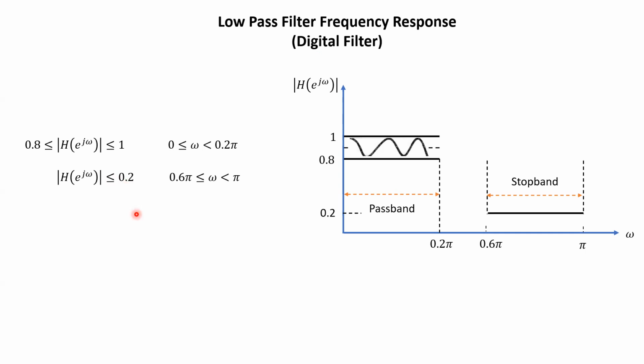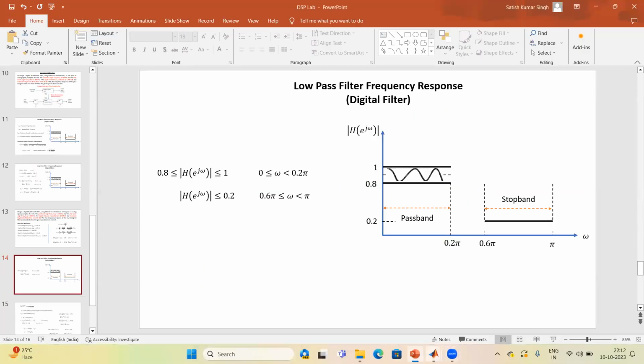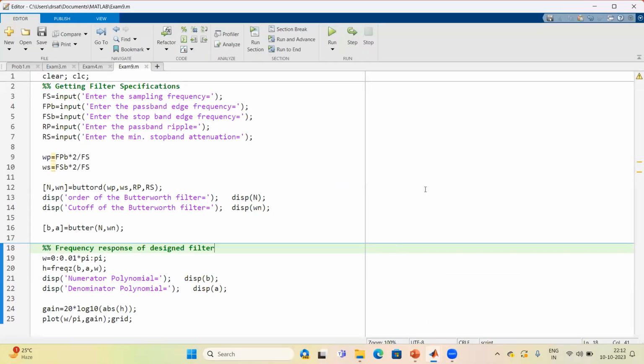So now we have to implement the same thing in MATLAB. Let me go to MATLAB, and here we can see how we can write this code. First of all, we have to get all the specifications of the filter. First we take the sampling frequency, which is equal to 2 kilohertz in the given problem.